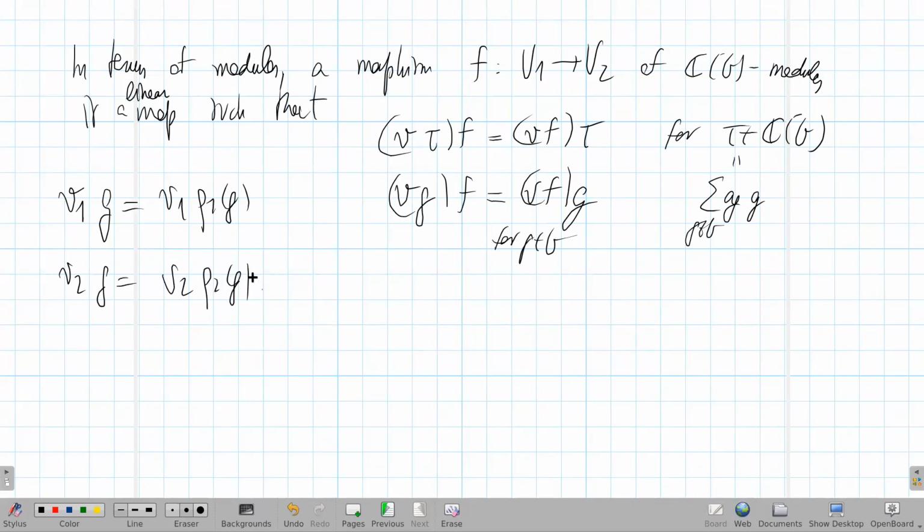It's the same thing we do with vector spaces, because you can have completely different vector spaces over a field, say the complex numbers, but you always write the scalar multiplication like this: V1 times lambda, V2 times lambda. Of course, this operation could be completely different.